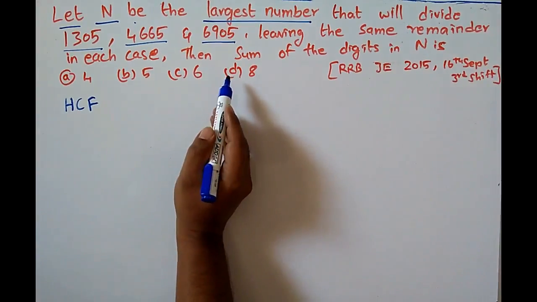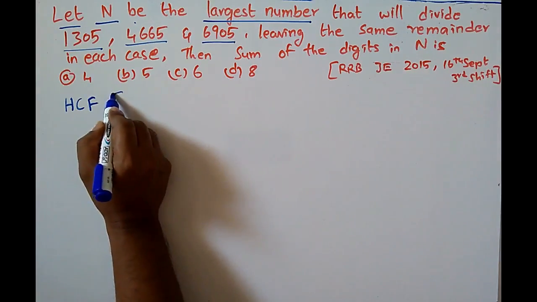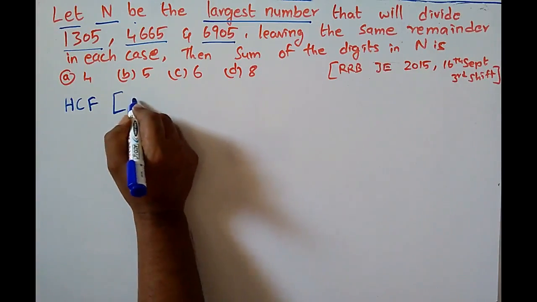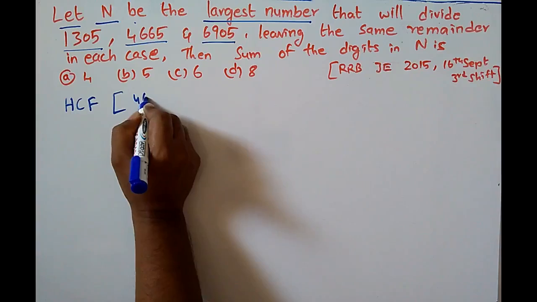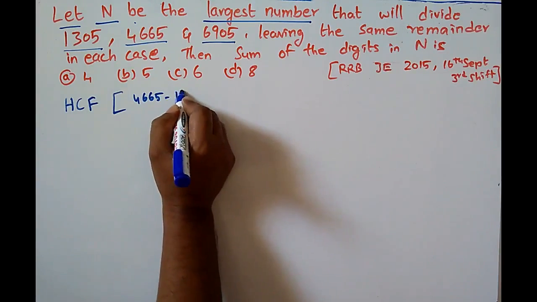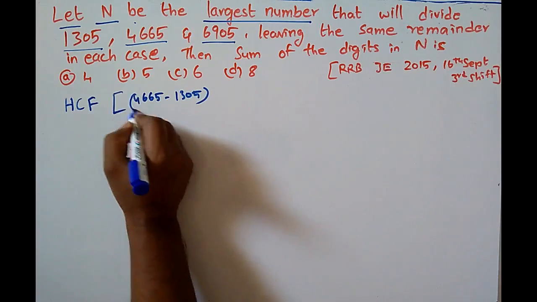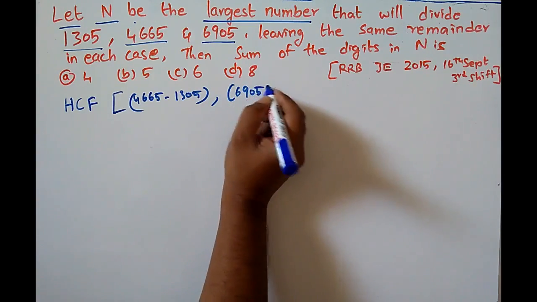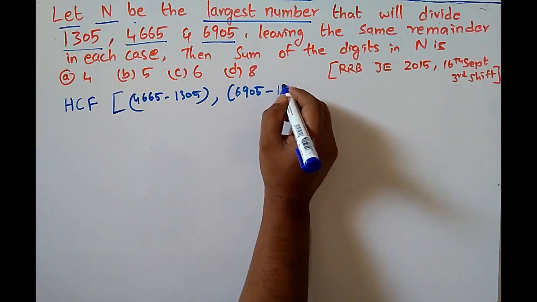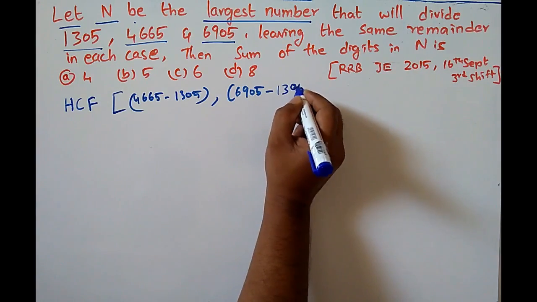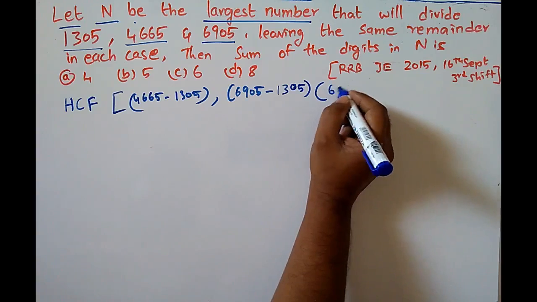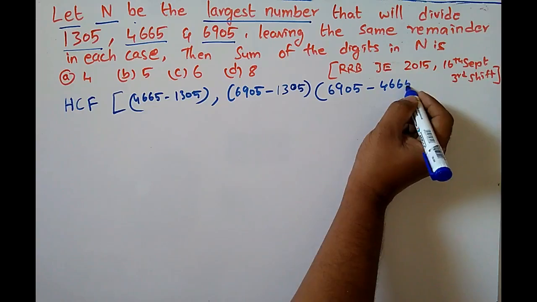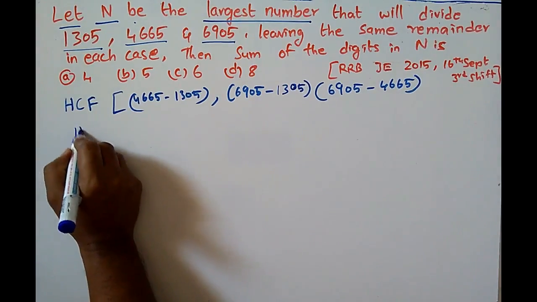Here the remainder is not given, so we are going to find the differences among the numbers. Suppose we take 4665 minus 1305, and 6905 minus 1305, and 6905 minus 4665. What will we get?